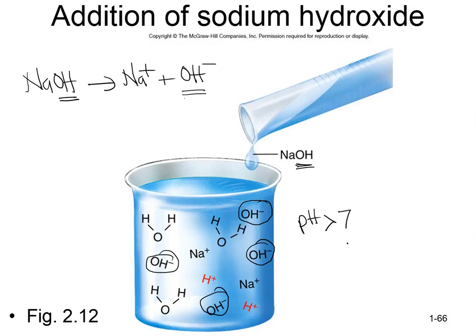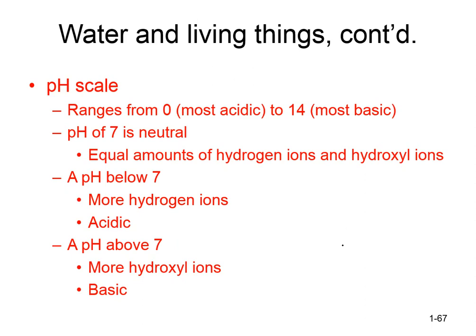So that's it about acid and base. Now to show acid and base, we use what we call the pH scale. The pH scale ranges from 0 to 14, and pH 7 is neutral.